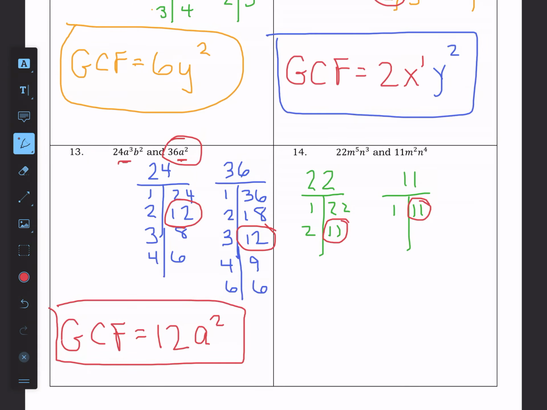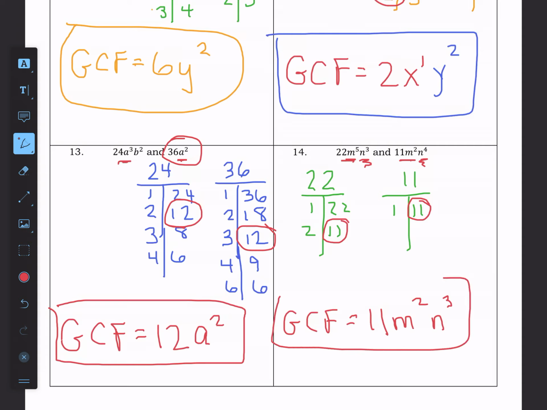So the first part of our GCF is 11. Now we're going to focus on our variables. So we've got m to the fifth, m squared. Our lower exponent is m squared. And then we focus on the n cubed and the n to the fourth, and our lower exponent is the n cubed. And that is our GCF.